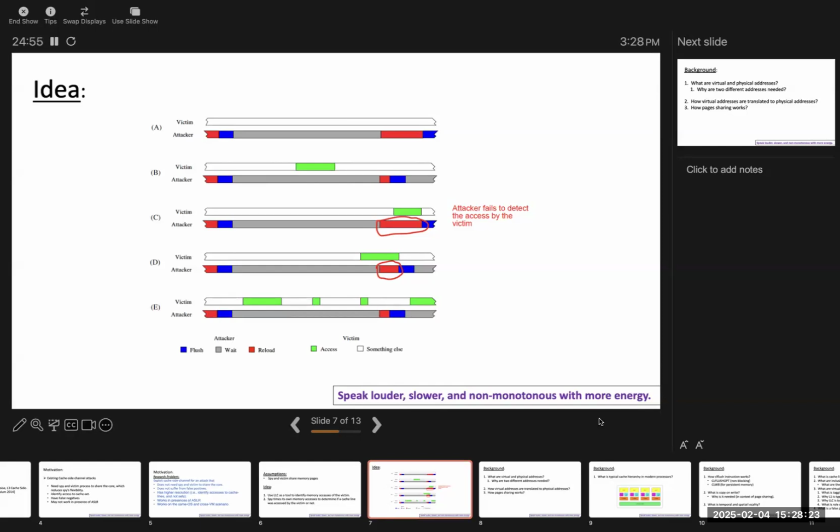So how many total addresses do you have? If you have 2 bits, how many addresses can you make out of 2 bits? 4, which is 2 raised to the power 2, right? So if you have 32 bits, you can make 2 raised to the power 32, and if you have 64, then 2 raised to the power 64.